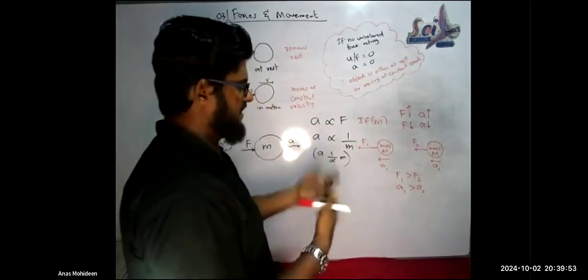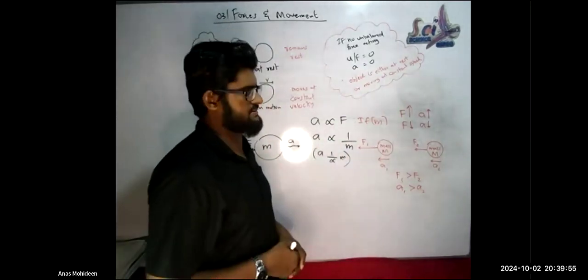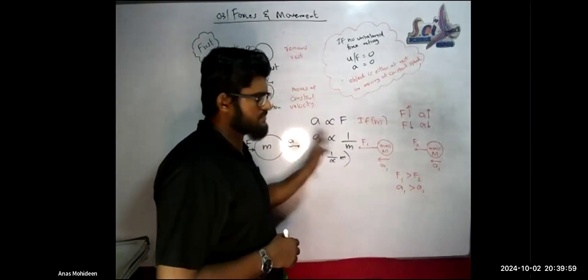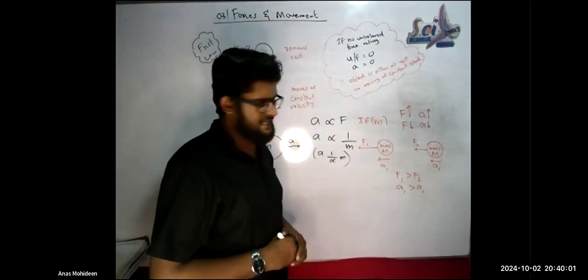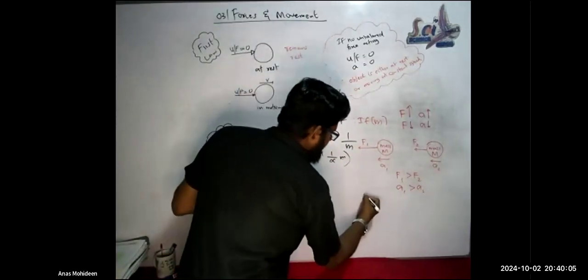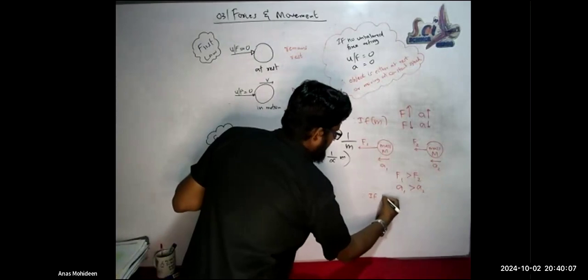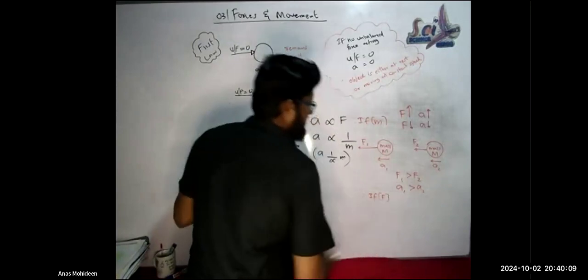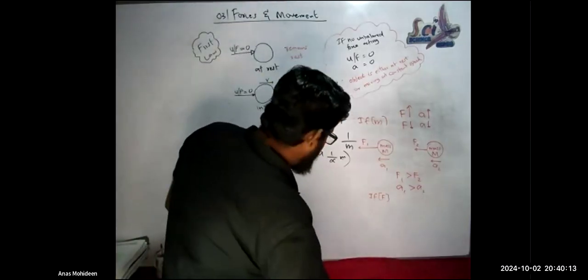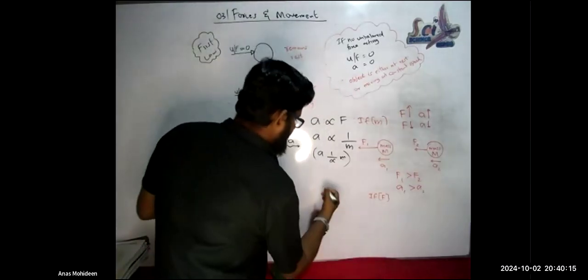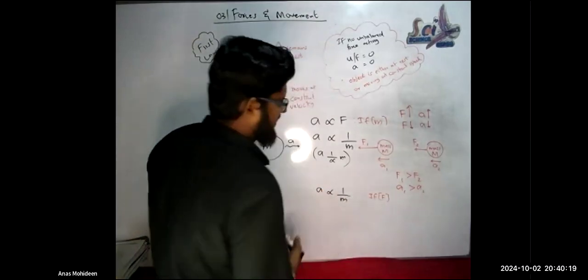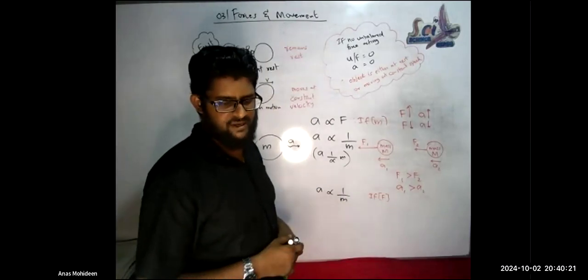Same way, if I take the second part, what should be happening? Force must be same. So let me take this part here. If F is constant, what is the theory here? Acceleration is inversely proportional to mass.